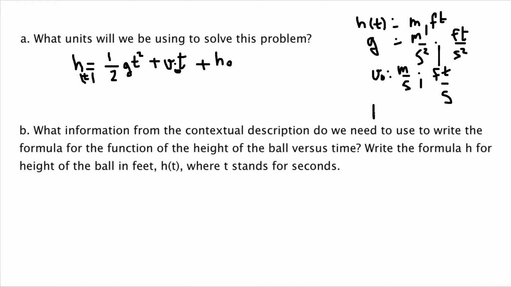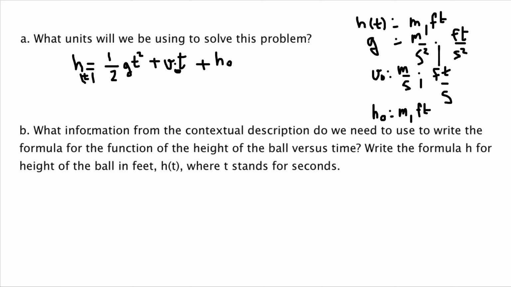And the initial position, when time is equal to 0, has units of meters or feet. So those are the units for this formula, which we need to use for solving or modeling these kinds of problems.